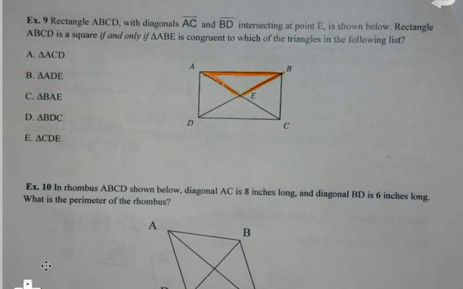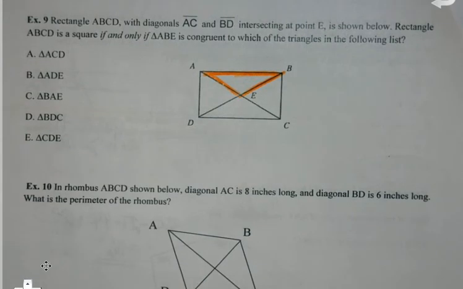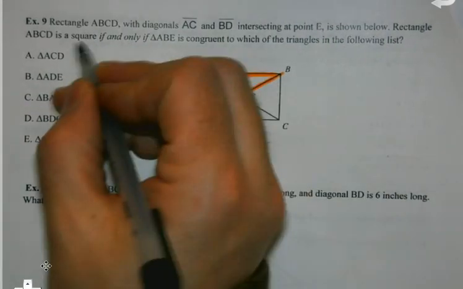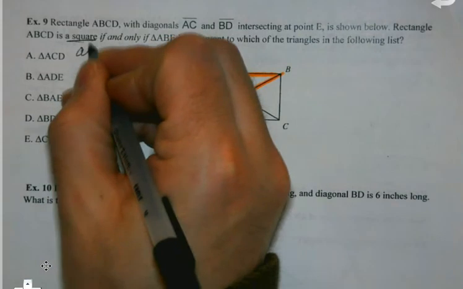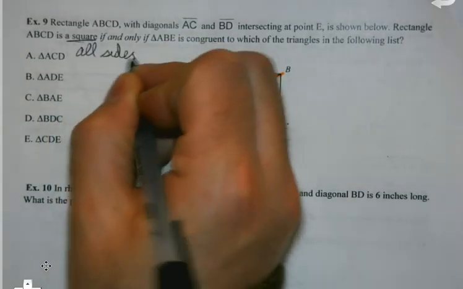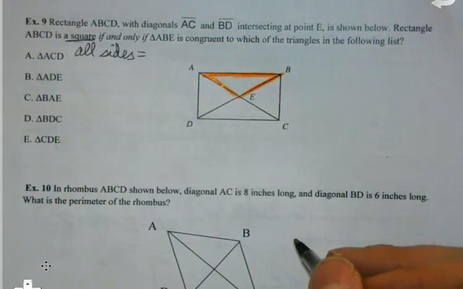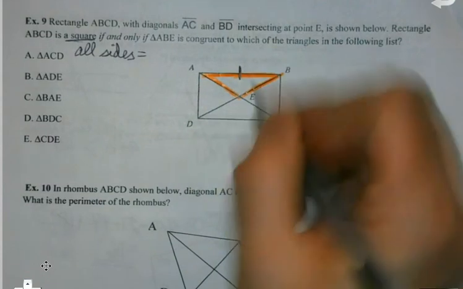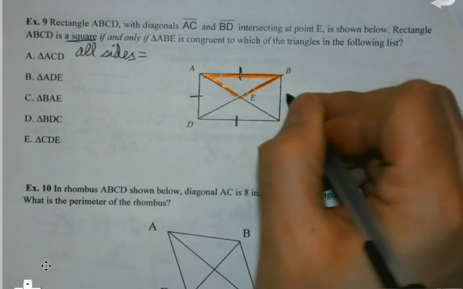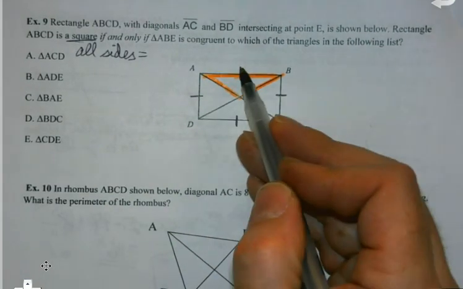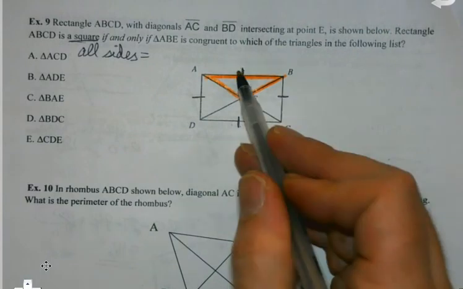Now this actually seems like it'd be a tricky question, but it's not. To be a square, all the sides have to be equal, which would mean this would have to be equal to this and this and this. Well, we already know in a rectangle, this side will be equal to it.